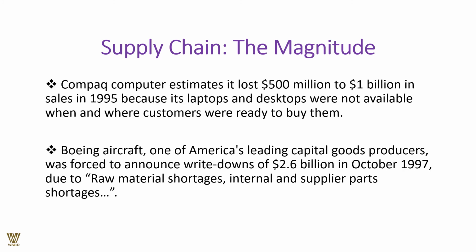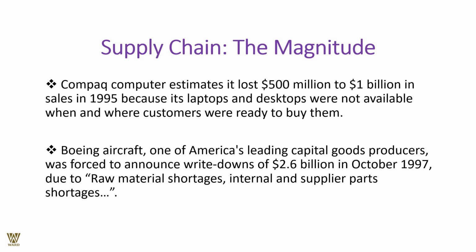Compaq Computer estimates it lost around $500 million to $1 billion in 1995 because its laptops and desktops were not available when the customers were ready to buy them. Why? Because the production was not planned accordingly. Boeing, one of the leading American capital goods producers, announced write-downs of $2.6 billion in October 1997 due to raw material shortages and internal supplier problems.